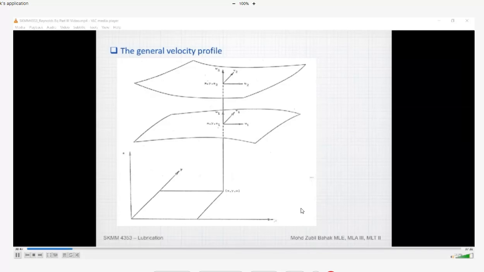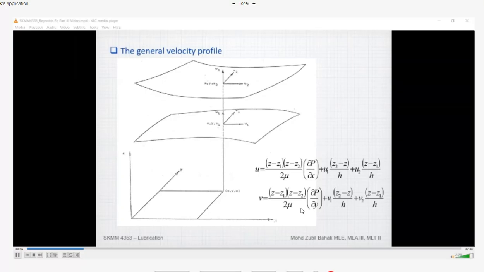And we found that the velocity within the two surfaces, or what we call the clearance between the surface at the bottom and the surface at the top, is given by the equations for u and v, where h is the distance between the two surfaces, or we can say h is the film thickness or the clearance.